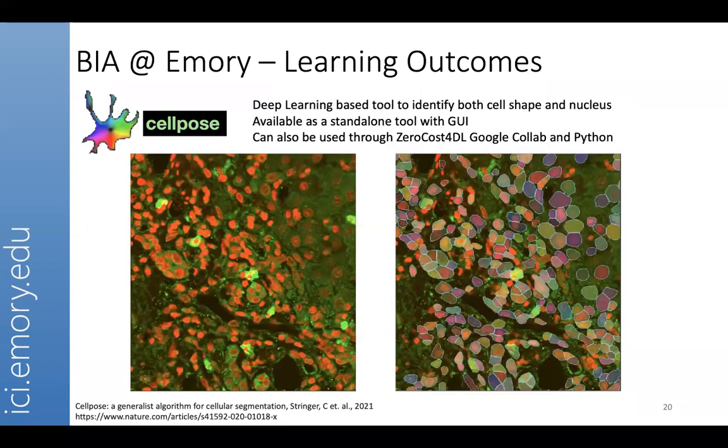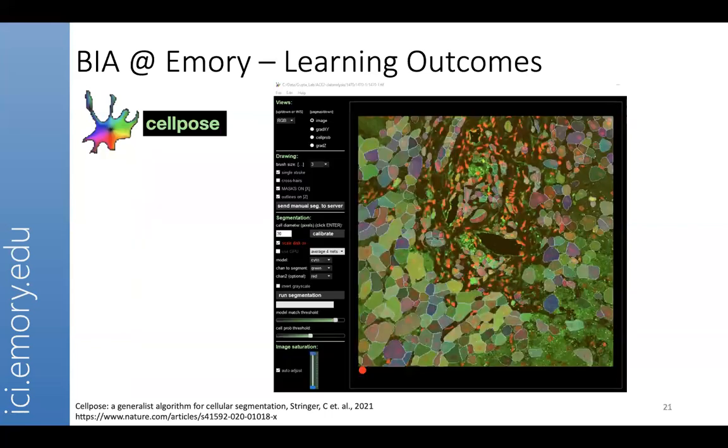Cellpose is a standalone tool, and we will send you the links for downloading Cellpose as and when we use it in the workshop. So it's a standalone software or tool, and it has a very easy graphical user interface to work with, right? So you can upload your image into the tool, and boom, with a few simple clicks, you get segmented data sets, right?